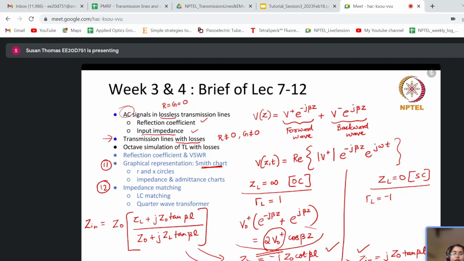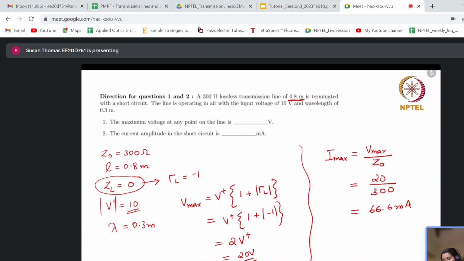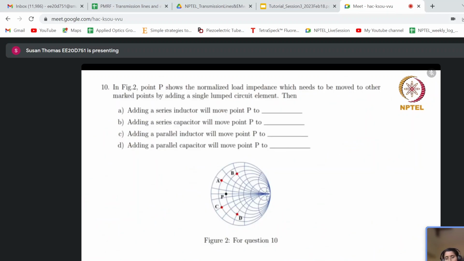You have come across the video lectures where you have seen how a matching network is formed using inductance and capacitance, basically to match the load impedance to the characteristic impedance of the transmission line. This question will give you an overall idea of the LC matching network.